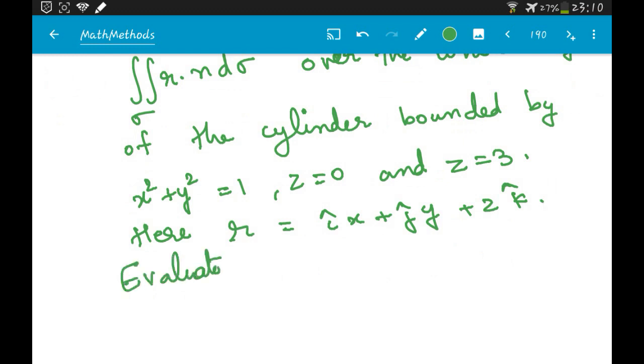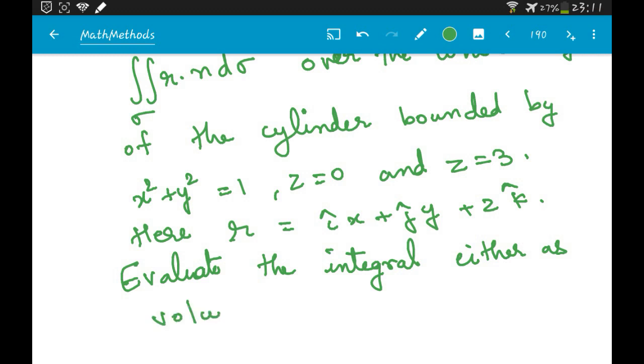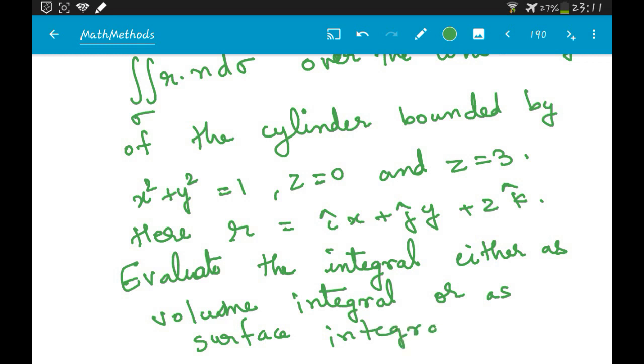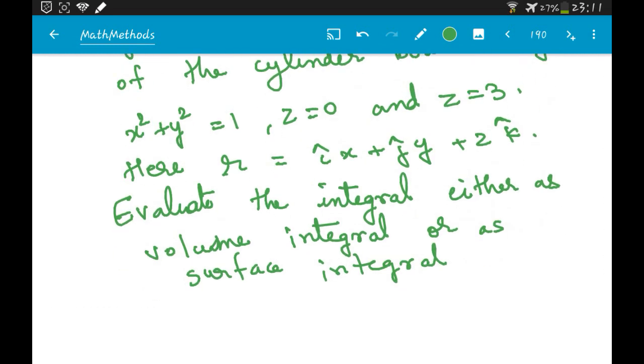Evaluate the integral either as a volume integral or as a surface integral, whichever is easier.